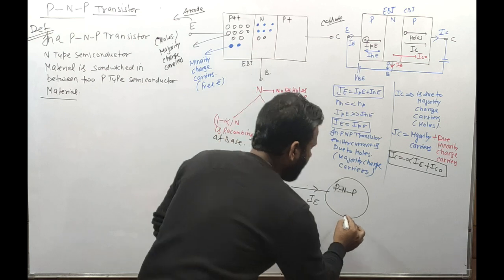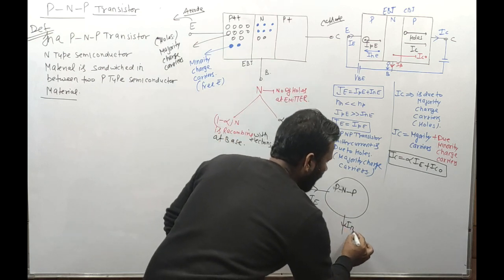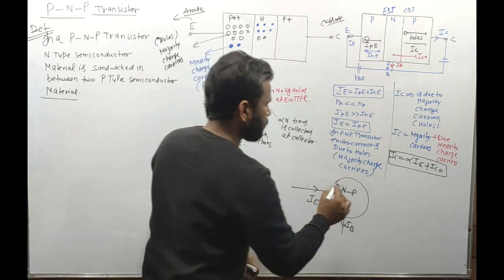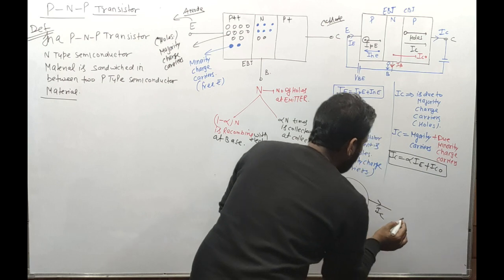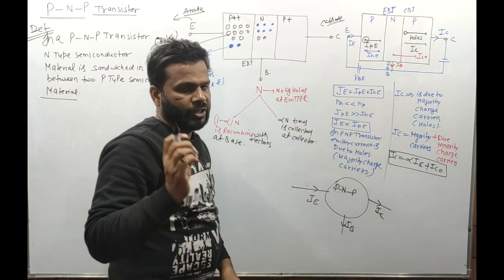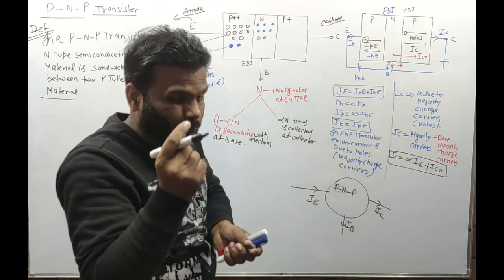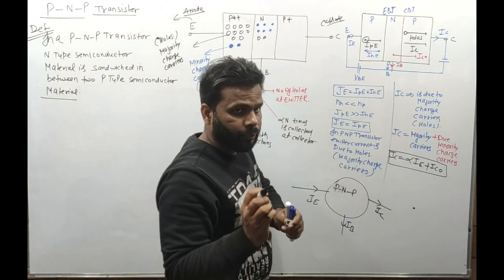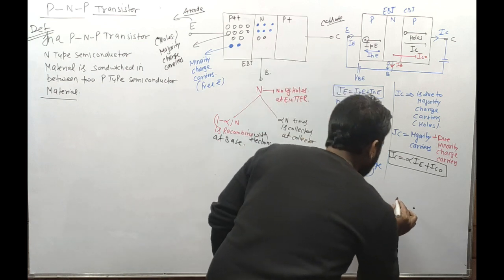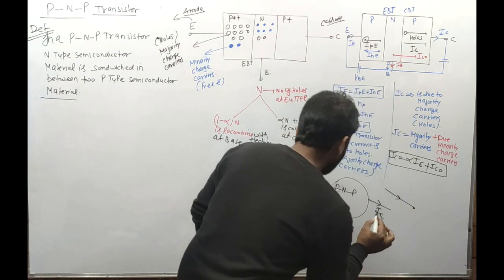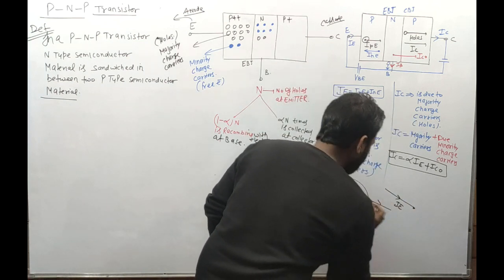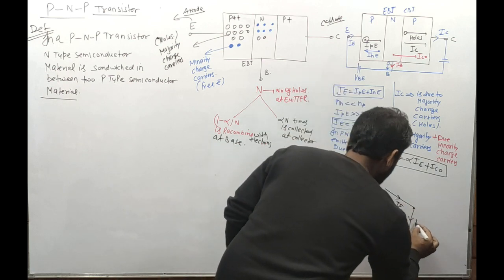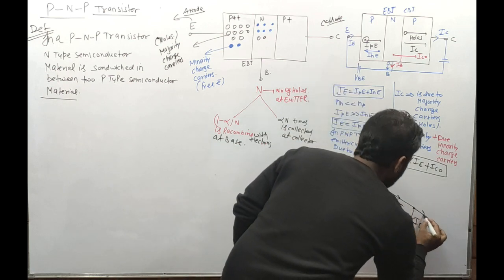And IB is out. And IC is also out. Now if this closed surface is shrunk to a node, then the direction of current and the representation is like that, IB and IC.